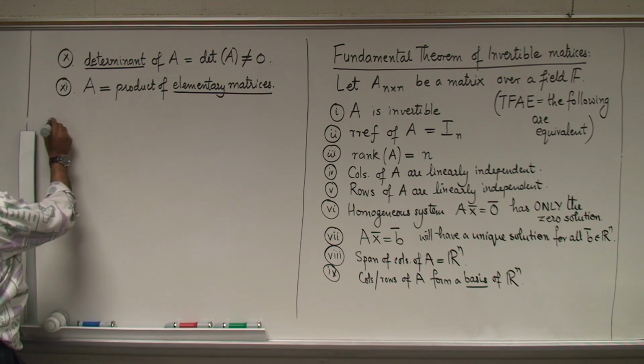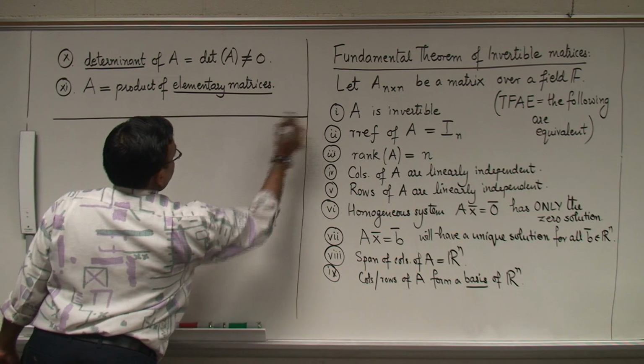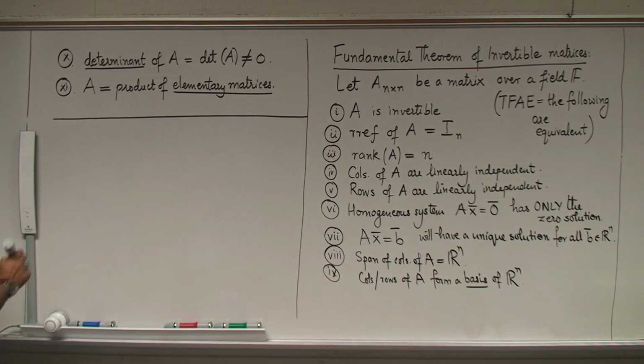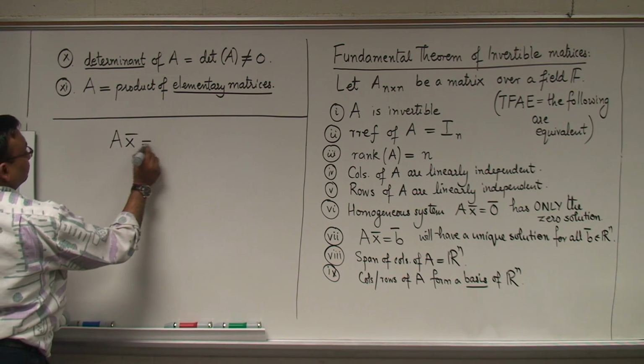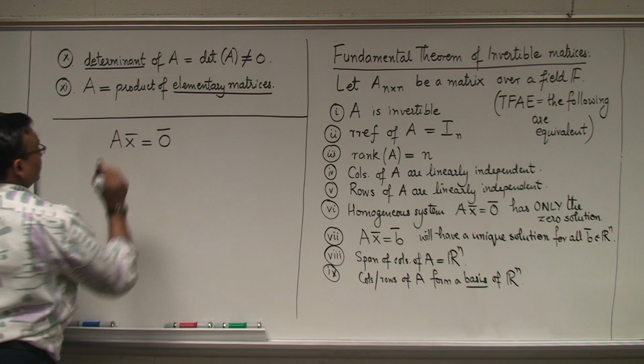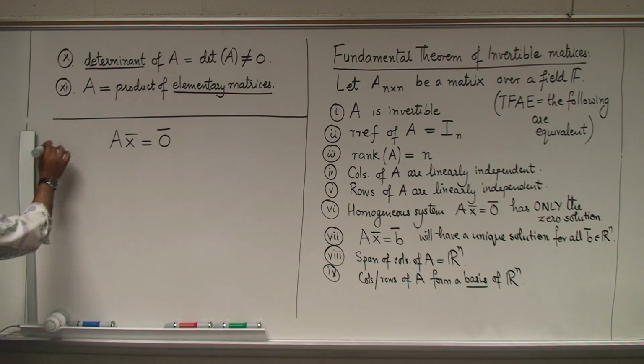So, let us look at a system of equation Ax is equal to B. Let's start with Ax is equal to 0 first. So let us consider this guy.